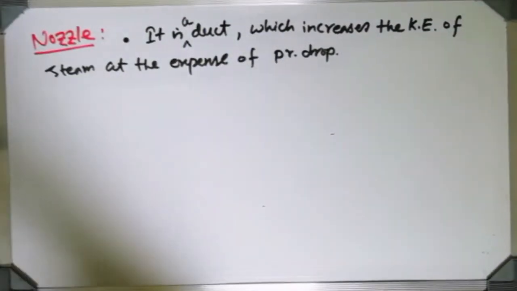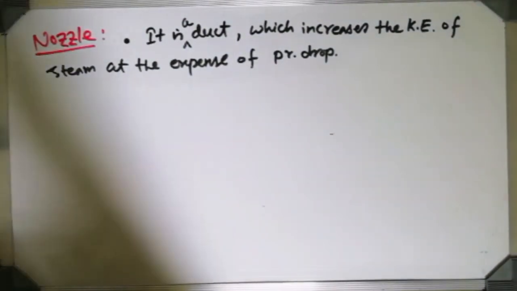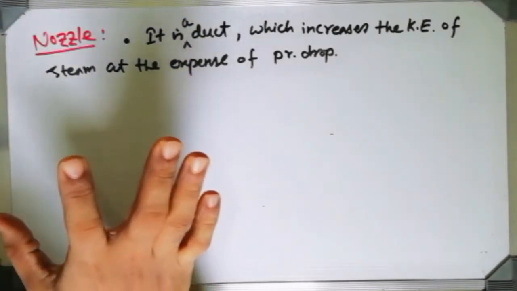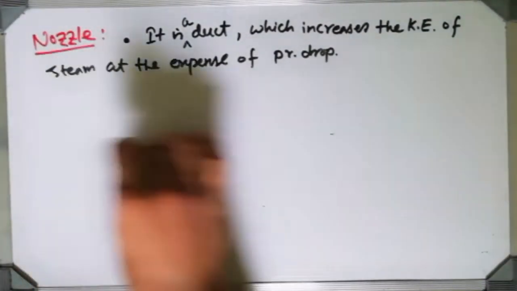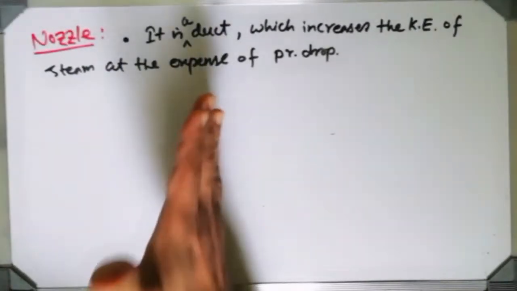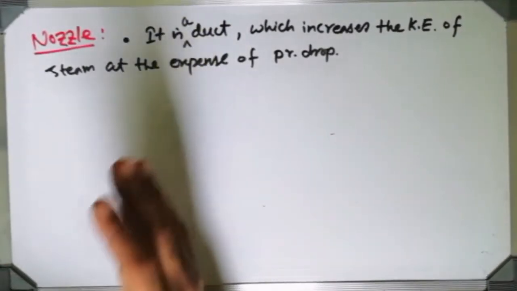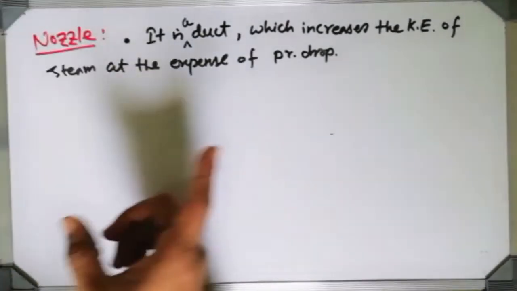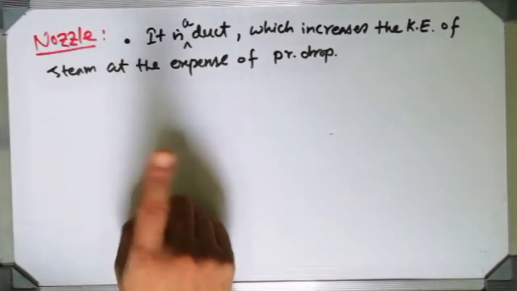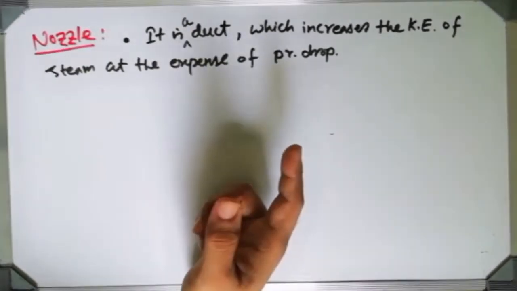Now, depending on the end condition, meaning the output of the nozzle, at the outlet of the nozzle, we can use the same duct as a nozzle or a diffuser.